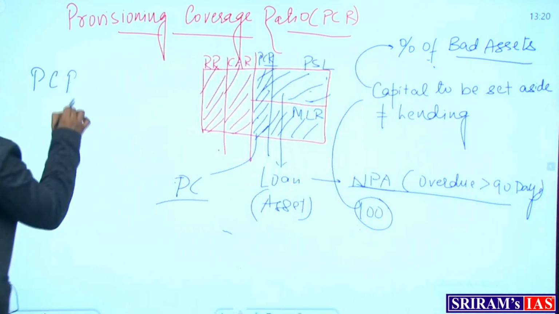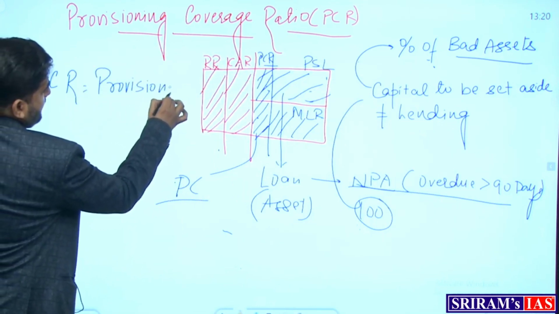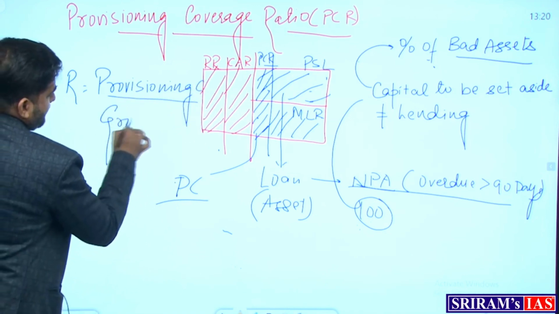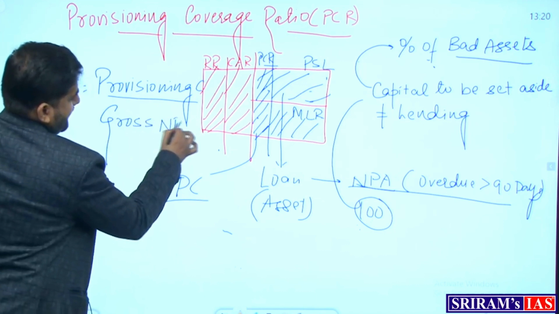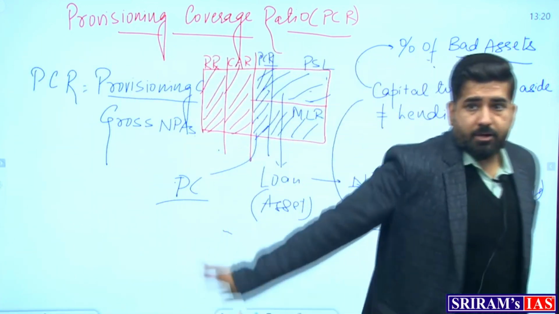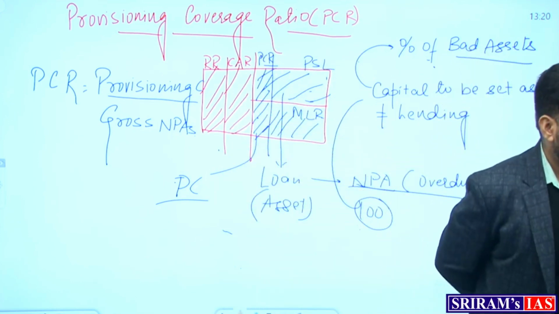So PCR equals provisioning capital divided by gross NPAs.